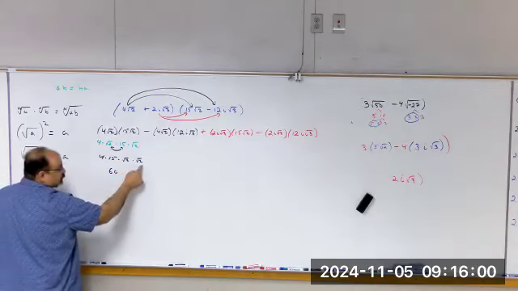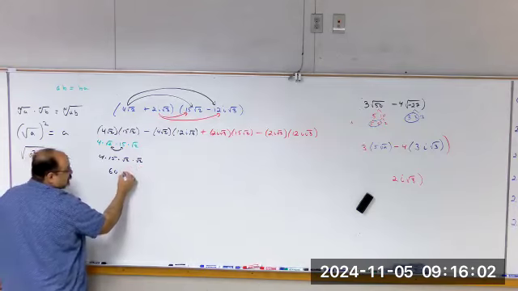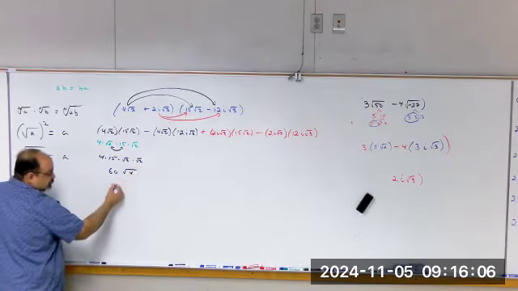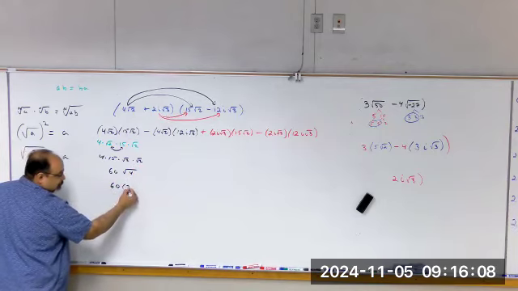So square root of 2 times square root of 2. You can look at that as square root of 2 times 2 is 4, and the square root of 4 is 2.